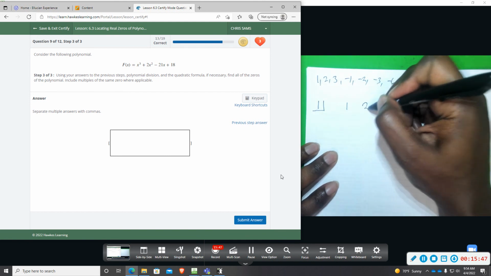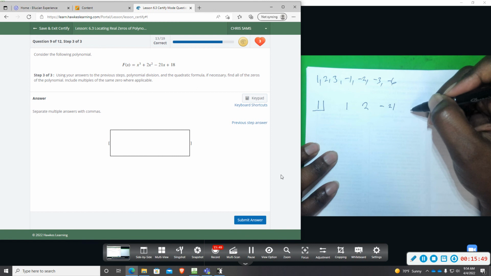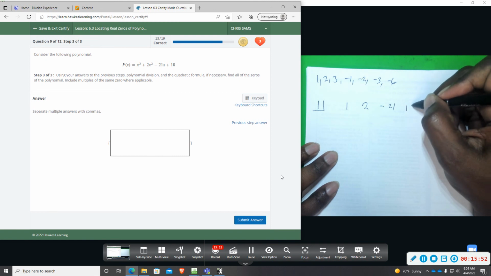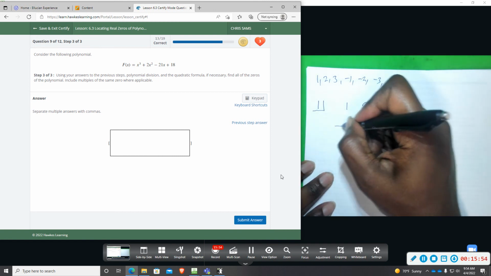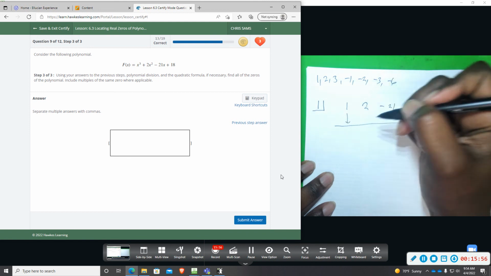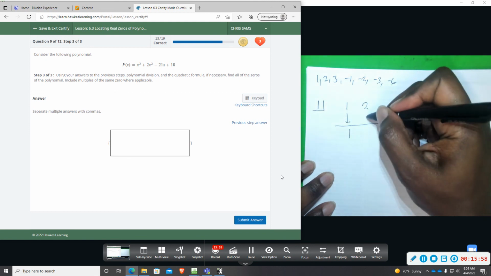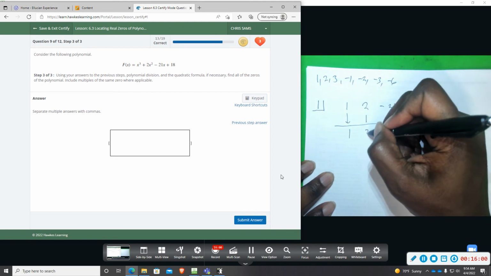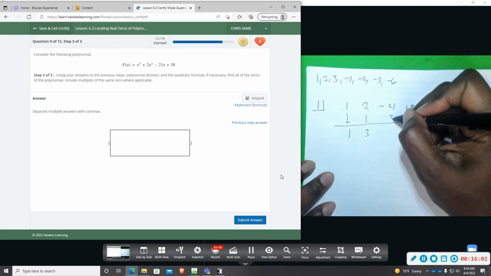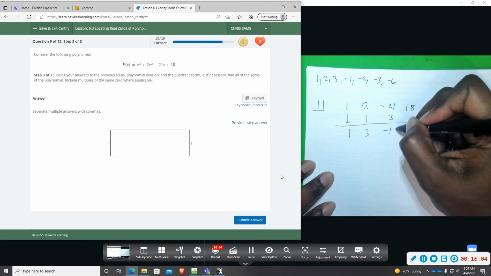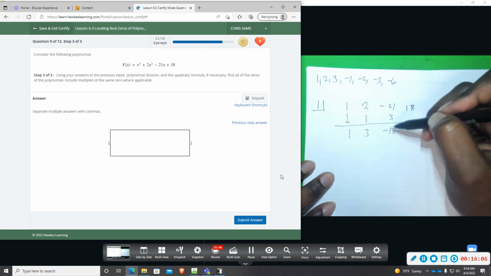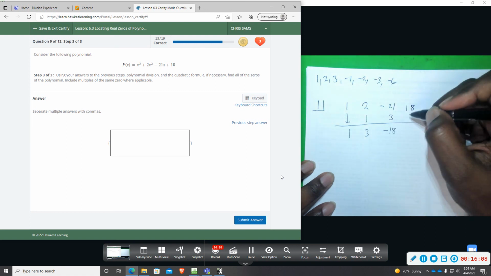1, 2, negative 21, and then 18. Bring down my first term. 1 times 1 is 1, combine, give me 3. 1 times 3 is 3, combine, negative 18. And then 1 times negative 18 is negative 18, combine, we get 0.